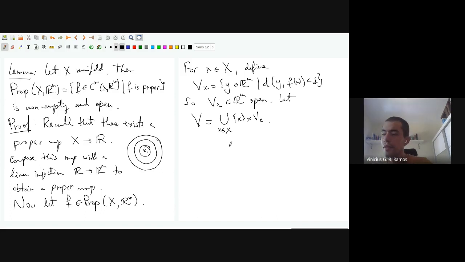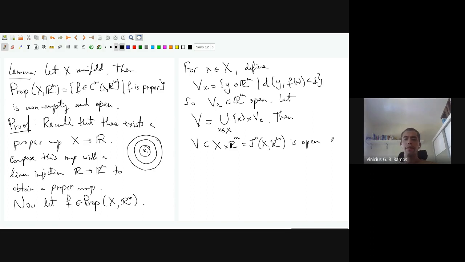It's easy to see that this set is open. It's an open set in the set of zero jets, so it's clearly an open set in the product.